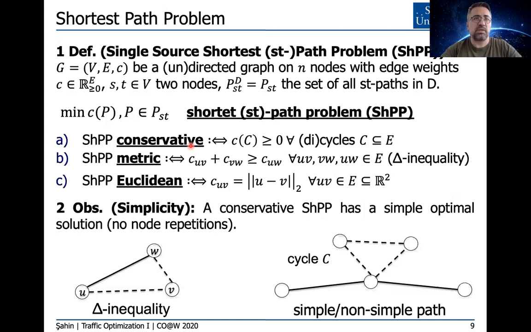The same property applies when the triangular inequality holds for the distance metric in use. This inequality, as shown here, implies that going from U to W is always shorter than going through some other node V. For instance, the Euclidean metric is one such example.